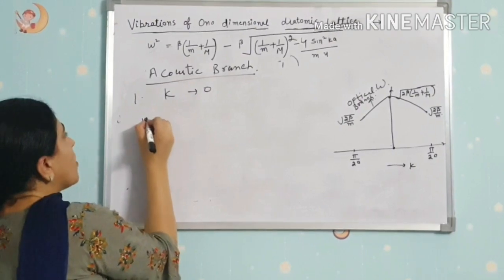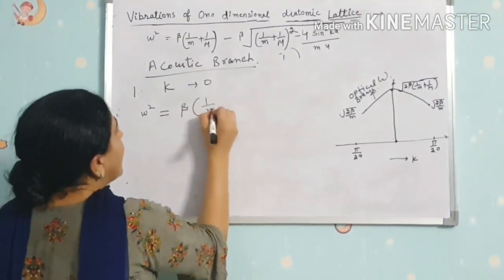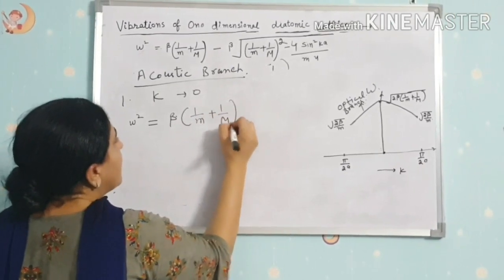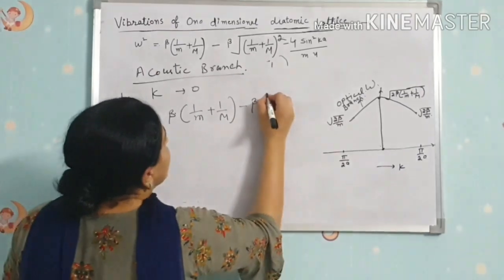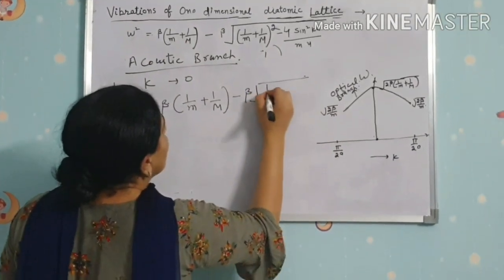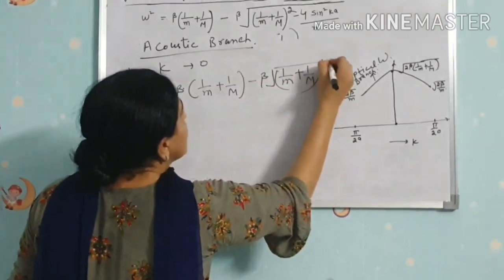So what do you get? Omega square is equal to beta (1 over m plus 1 over capital M) minus beta under root of (1 over m plus 1 over capital M) whole square.